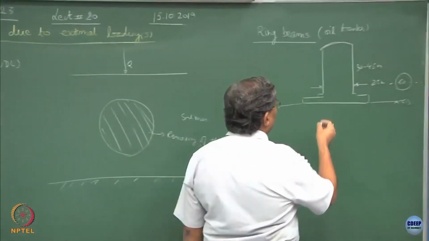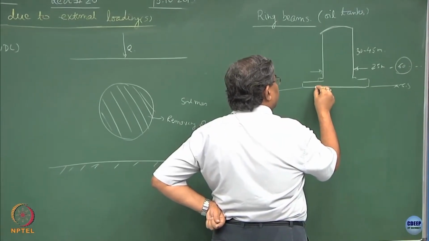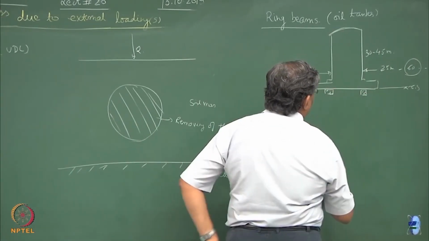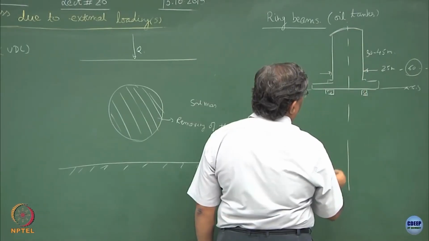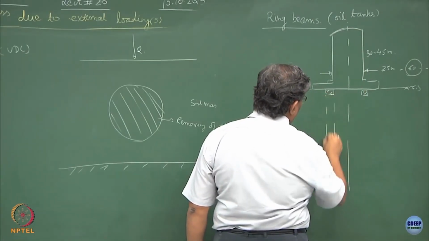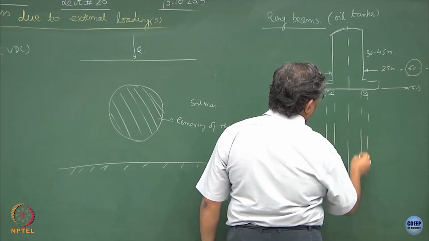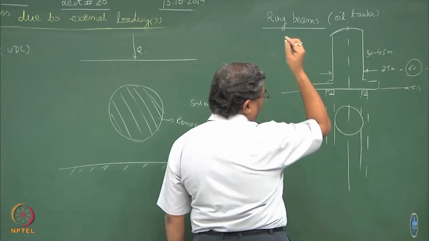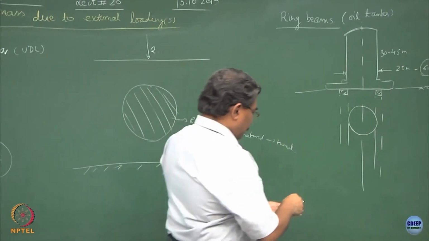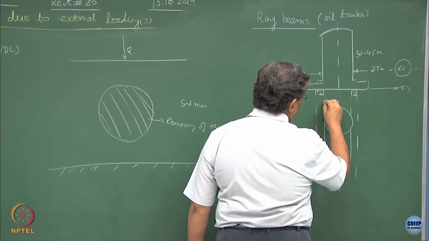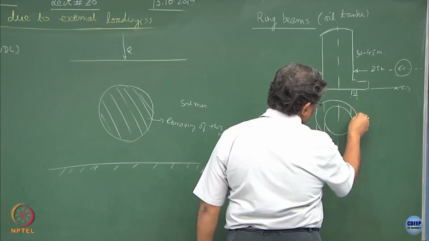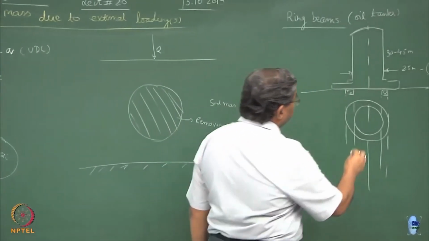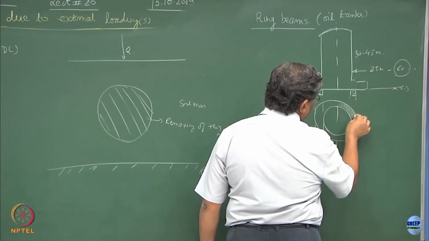Now, as I said, most of the time these systems are going to be sitting on a ring beam, alright. So, in plan the ring beam would look like this. So, it is an annulus. This is the portion on which the tank is resting.